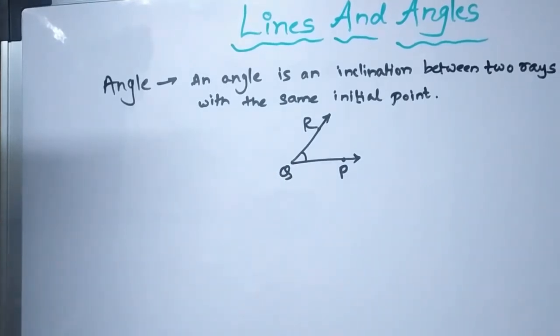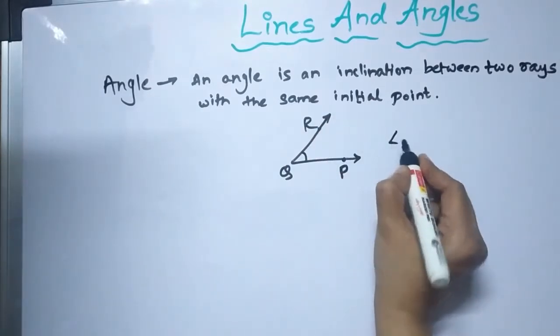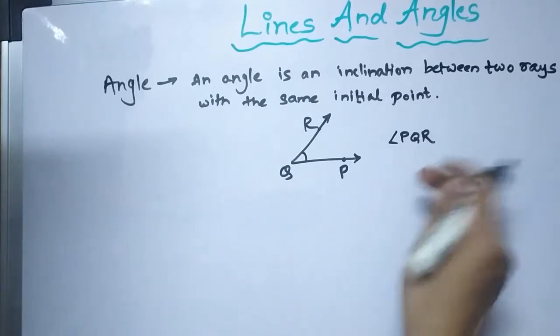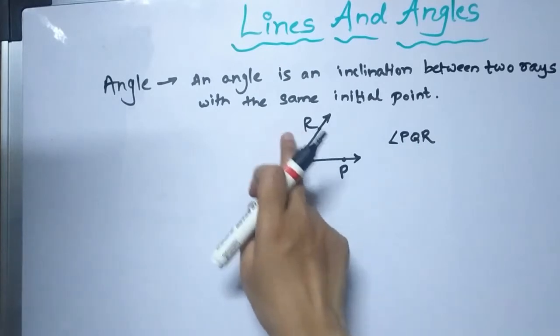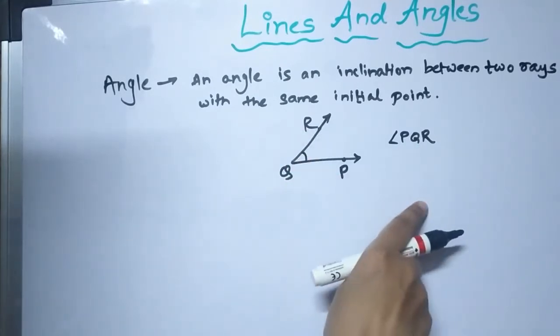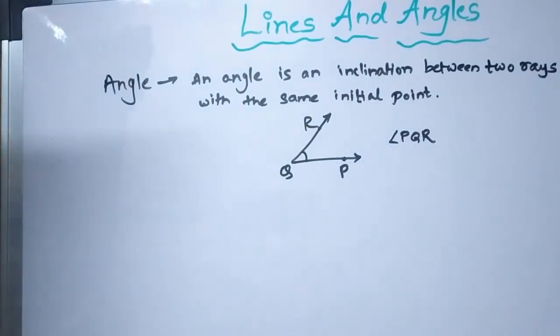Suppose here is Q, this is P, and this point is R. So you can form an angle here. This is the angle PQR, and you can denote it with this symbol. This PQR is an angle formed with the inclination of these two rays: ray QP going in this direction, and ray QR going in this direction.